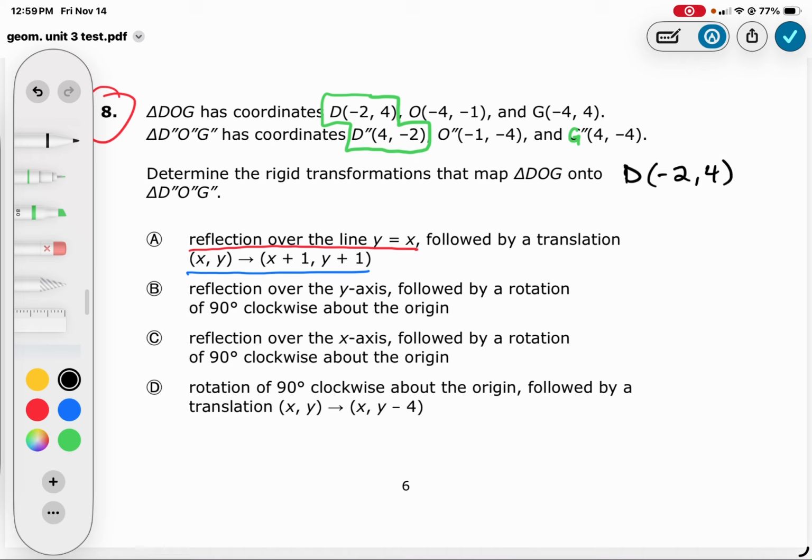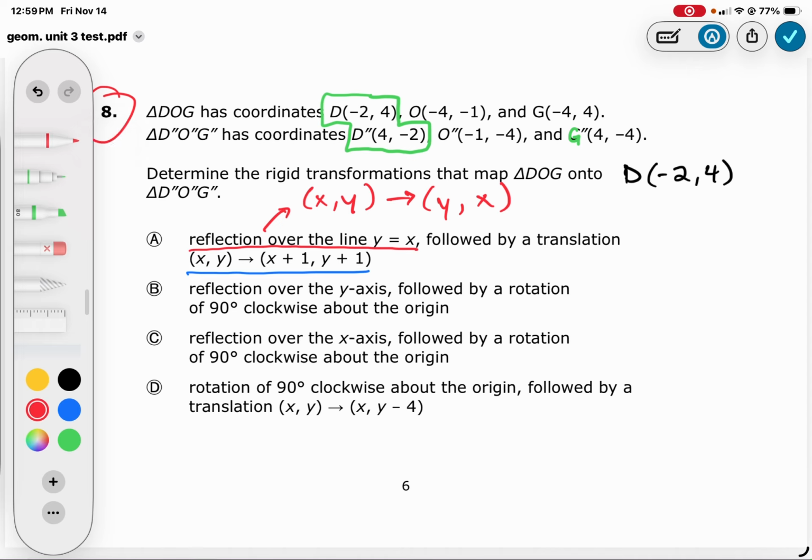If these transformations are correct for A, the final answer will be 4, -2. When you reflect over y equals x, whatever your x and y are, they just switch positions.